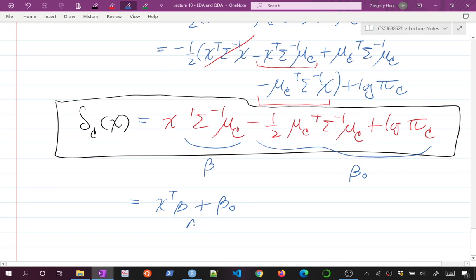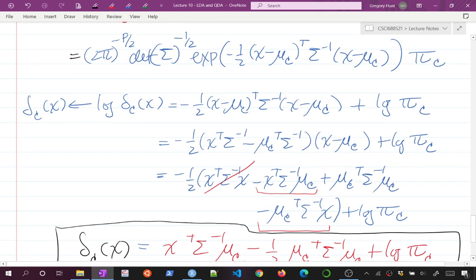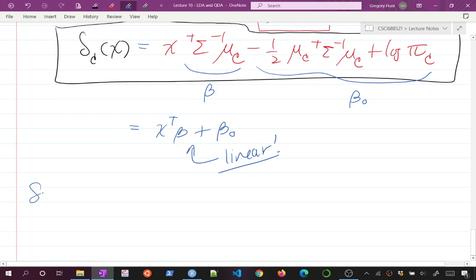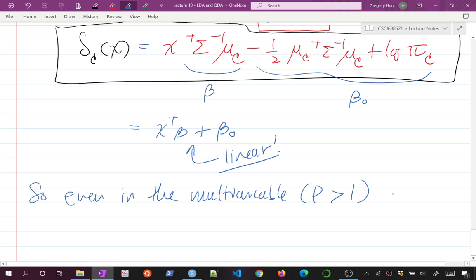And that is linear. It's written as just an inner product between some beta and x, and you add on some intercept. So this is actually, again, a linear classifier. So even in the multivariate case, or multivariable case, p bigger than 1, this is a linear classifier.